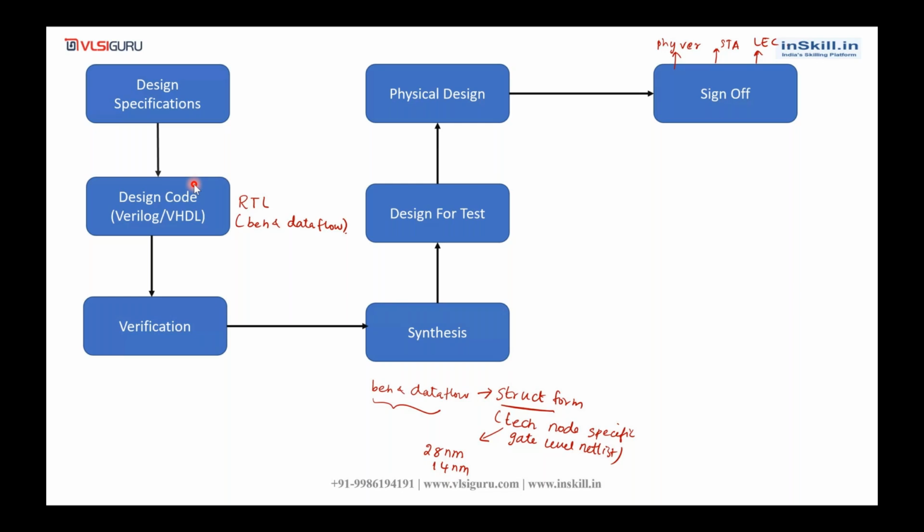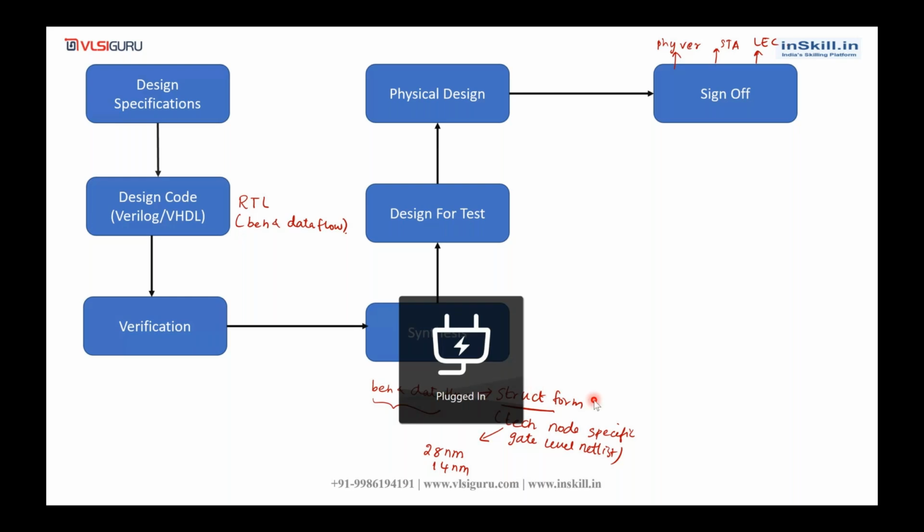And then during synthesis, this behavioral and data flow level code has been converted into structural form, that is the technology node specific gate level netlist.